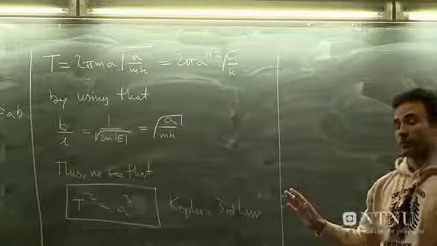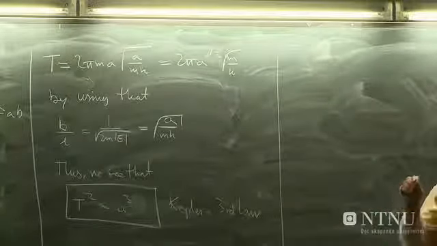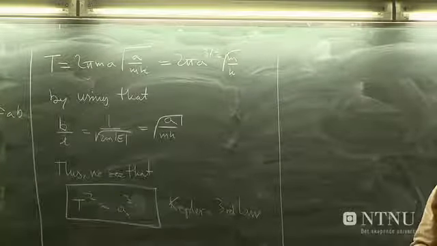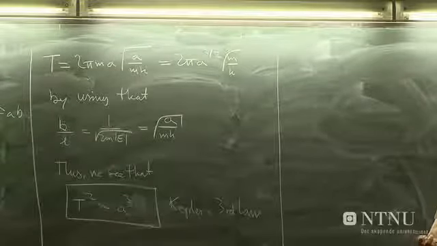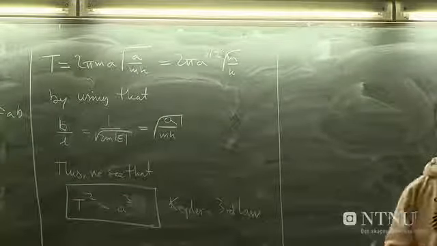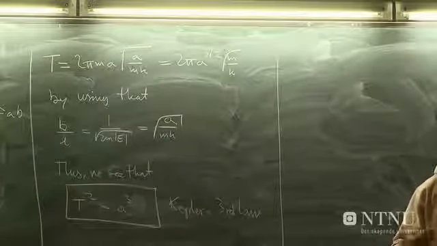What we've done so far is to find an equation for r as a function of theta. So we basically expressed how the radius in the orbit changes with the angle. But in principle, it should also be possible to obtain an expression for r or theta as a function of time.